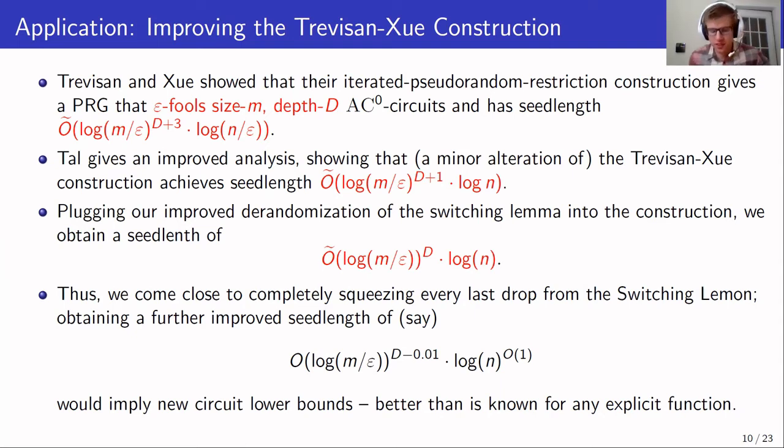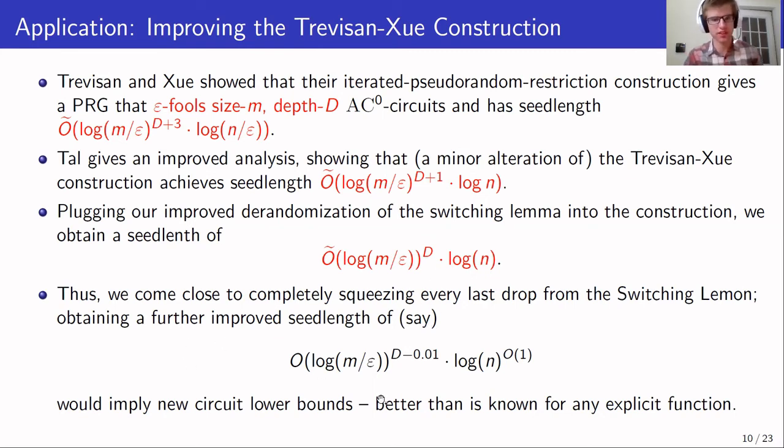The reason I'm saying that's analogous to this situation is, as we discussed, all the known pseudorandom generators for constant depth circuits rely, maybe in a roundabout way, ultimately on the switching lemma. So a natural goal is to really try to get the absolute best seed length that you could possibly get out of the switching lemma, squeezing every last drop out of it. And the claim here is that we're really closing in on doing just that.